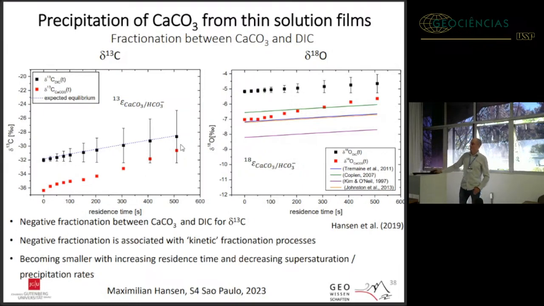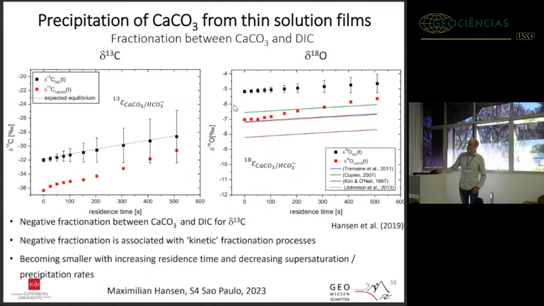Okay. And you can do the same for the oxygen isotopes, and for the oxygen isotopes it was the other way around. The initial value was in agreement with fractionation factors which were determined in cave systems, actually. This is the work of Tremaine et al. 2011.